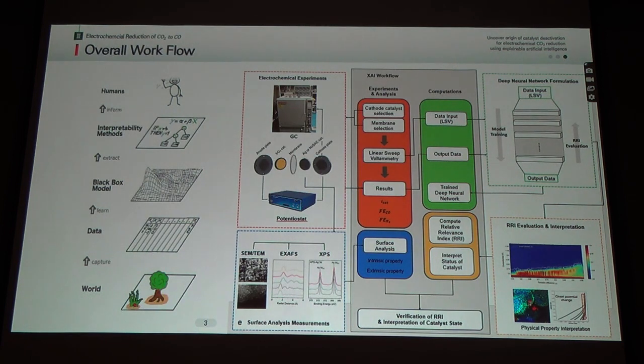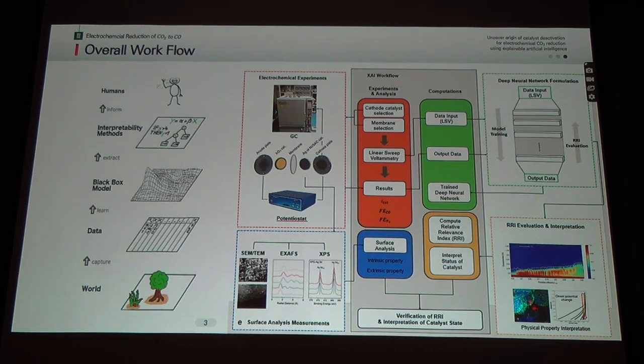As I said, we have the real-world problem, and we capture the data. We have the deep neural network, the black box model, which is DNN, and then we have the interpretability, which is the GradCAM method we propose, and lastly, the interpretation. As you can see, we collect our data set from the electrochemical experiment, and once we collected the data, we propose a neural network.